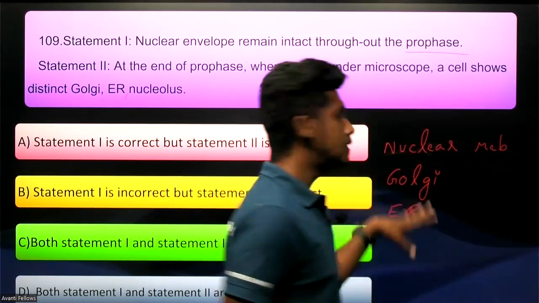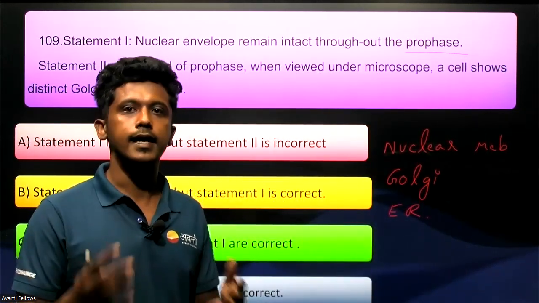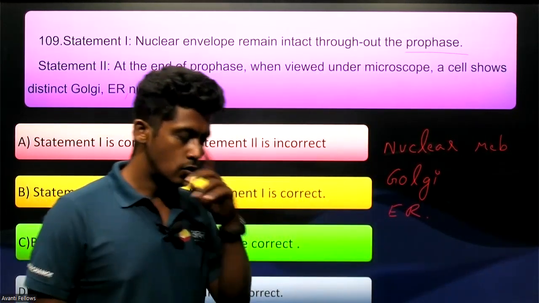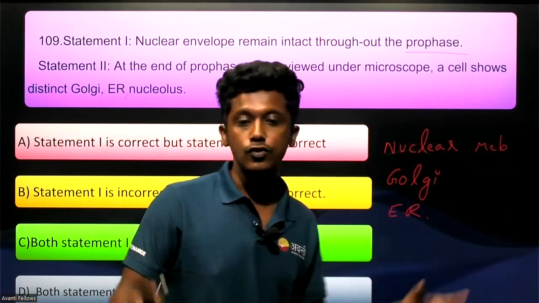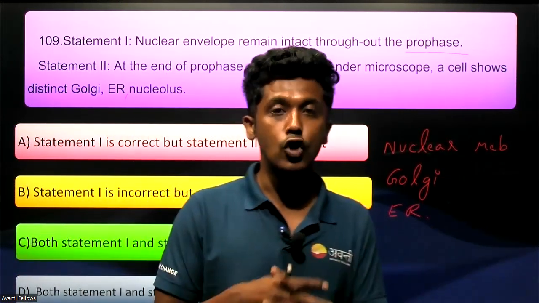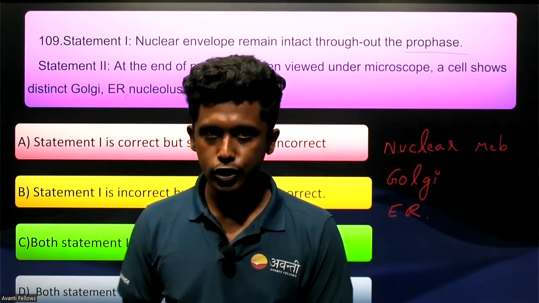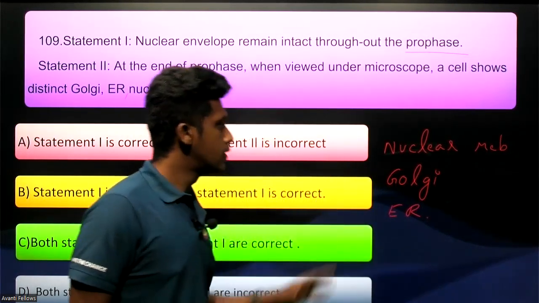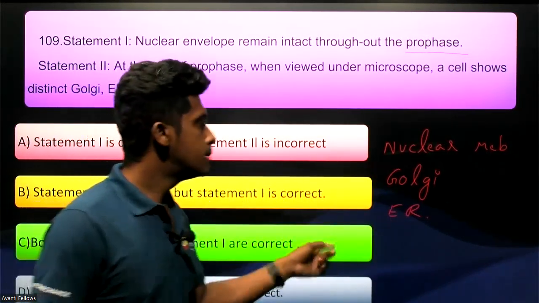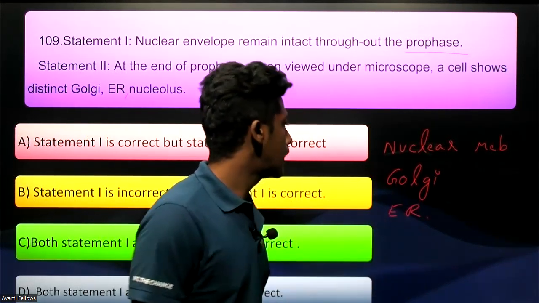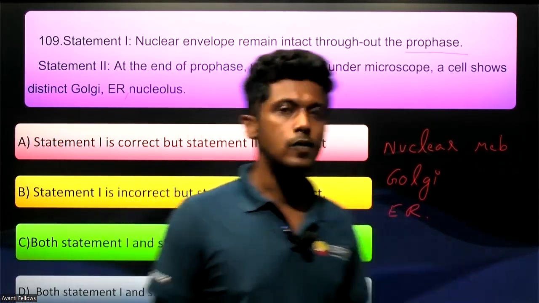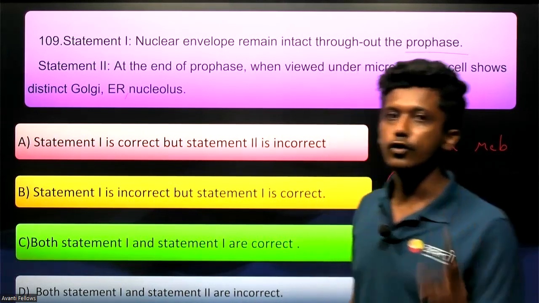All of these start disappearing by the end of prophase. What remains at the end of prophase is that the nuclear material has gone into high levels of condensation. Disappearance of the nuclear membrane takes place, and disappearance of cell organelles like the Golgi apparatus and endoplasmic reticulum, as well as the nucleolus, happens during the prophase.